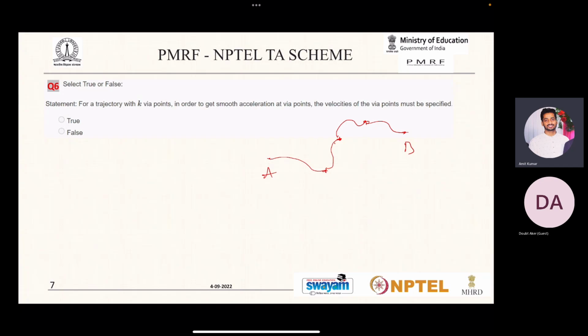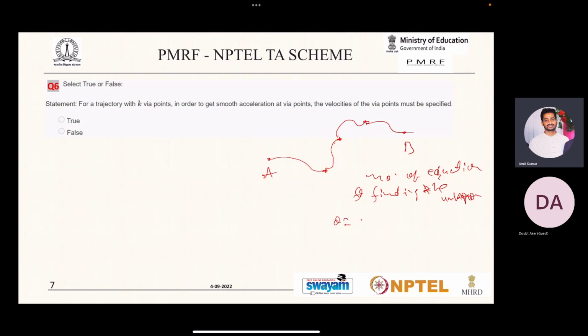So for a trajectory with k via points, in order to get smooth acceleration at via points, the velocities of the via points must be specified. Okay, so this is not always the true case, because if you plan from here to here, all we need is that we have enough number of equations for finding the unknowns.